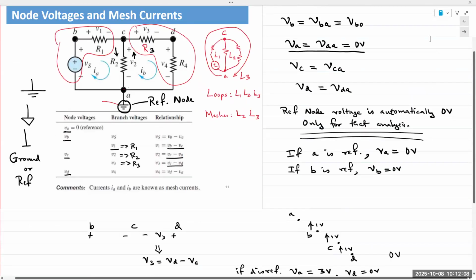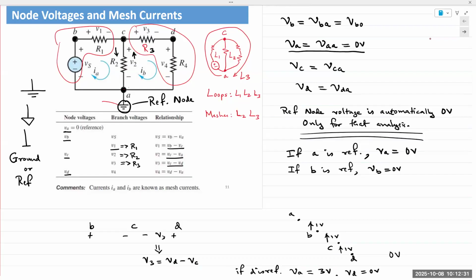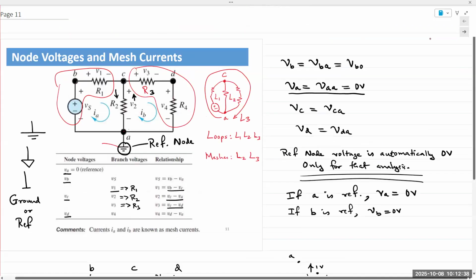The next thing I want to talk about is branch currents. So any component that connects two nodes is a branch. Now the branch of a circuit could be a series, could be a parallel, could be any other connection also. So technically I can say the resistor between C and D is one single branch, and between D and A, which is R4, is a different branch.